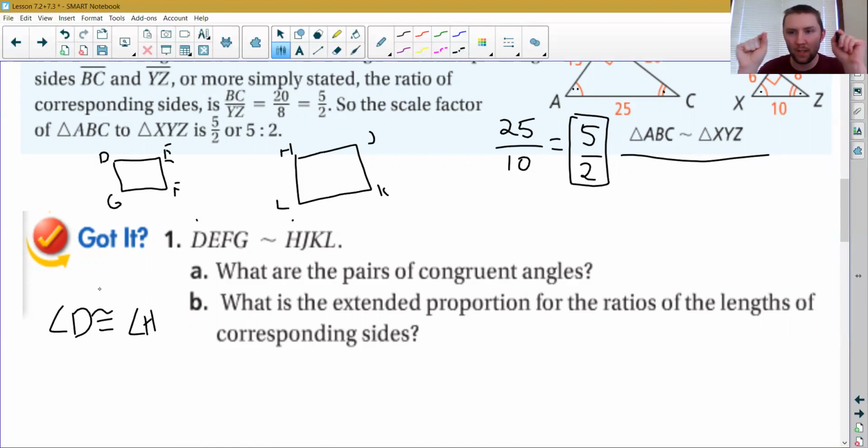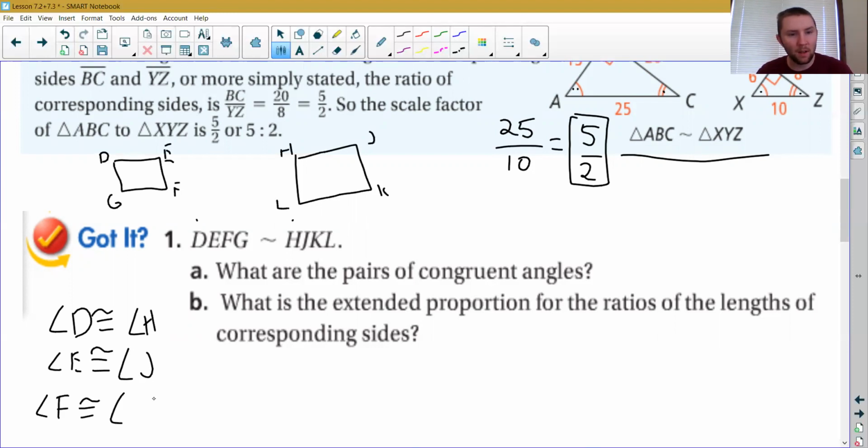Those have to be congruent. They have to match up in that way. Okay. Also, angle E needs to be congruent to angle J. Angle F needs to be congruent to angle K. And then angle G needs to be congruent to angle L. All right, so I can find 4 pairs of congruent angles just from the names of the shapes.